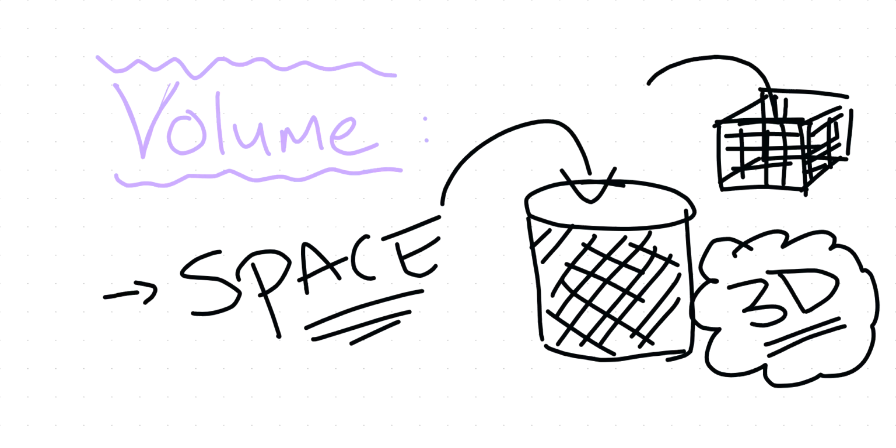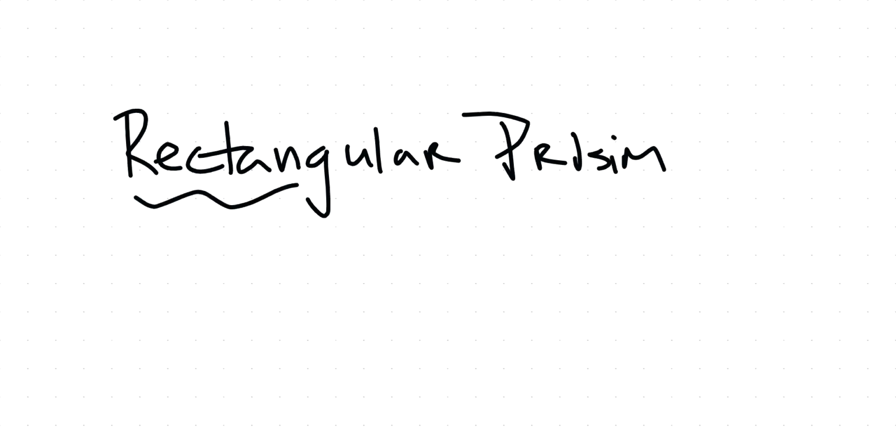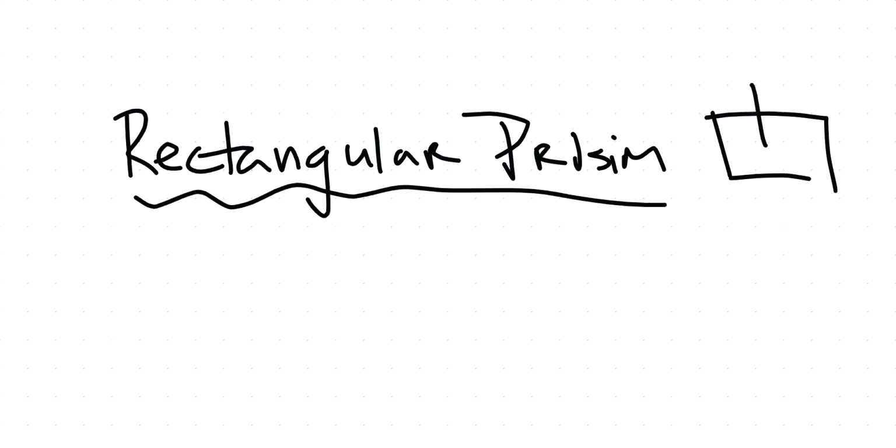Now, in this case, we really don't have to worry about much. We're not going to look into too many complex three-dimensional shapes. We're really going to be focusing on the rectangle. It's called a rectangular prism, but I think you can see in that name, it's really just three-dimensional rectangles.